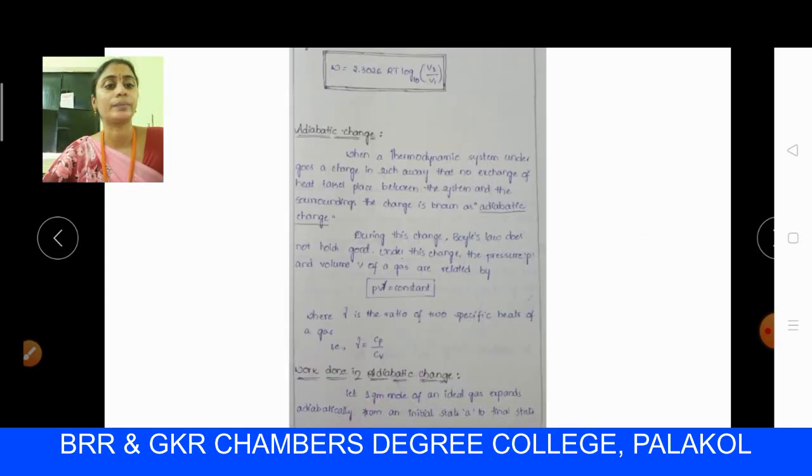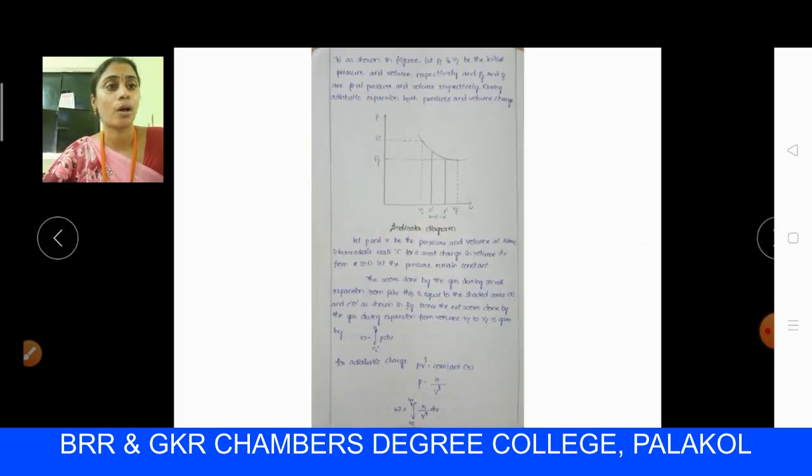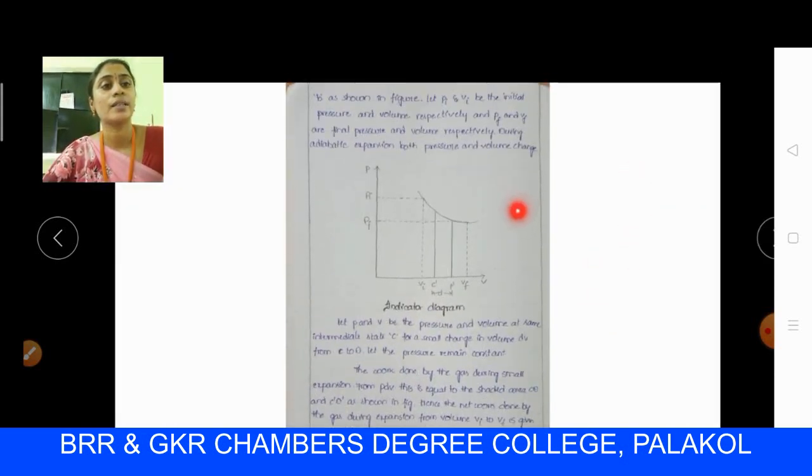So the work done in adiabatic change may be explained, also considered for 1 mole of ideal gas. Let 1 gram mole of ideal gas expand adiabatically from an initial state A to final state B. Then we can plot a graph for this adiabatic expansion as shown in the diagram, the indicator diagram.